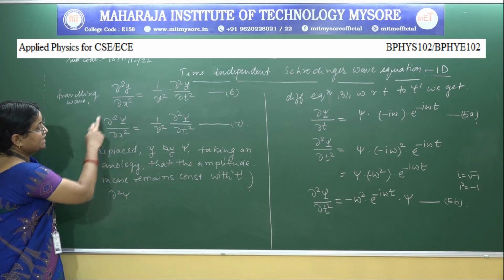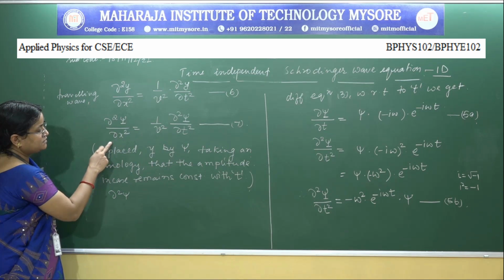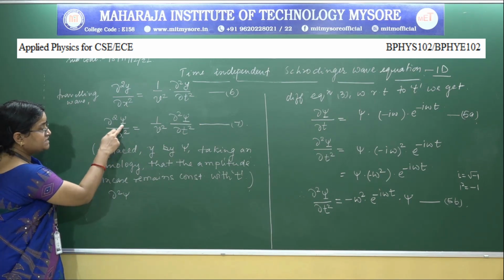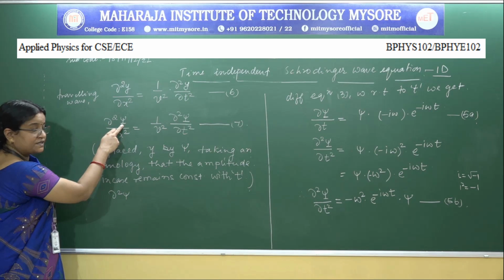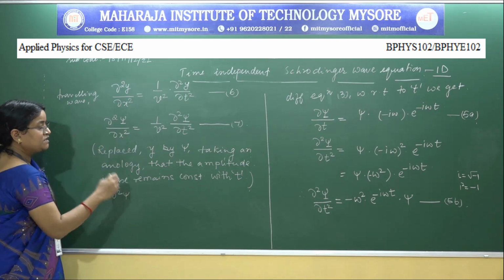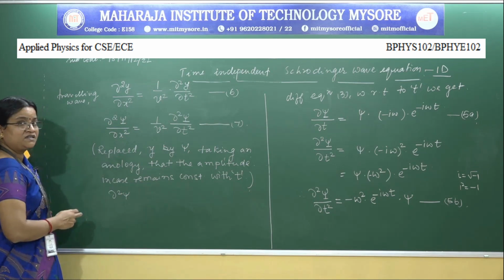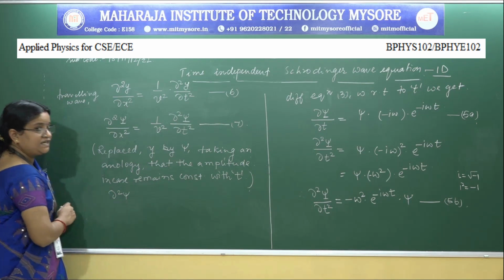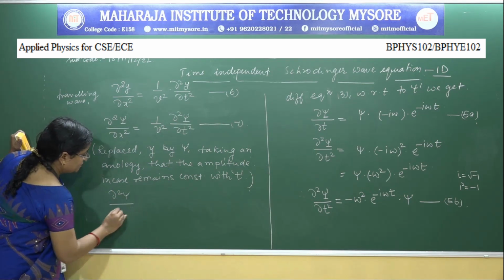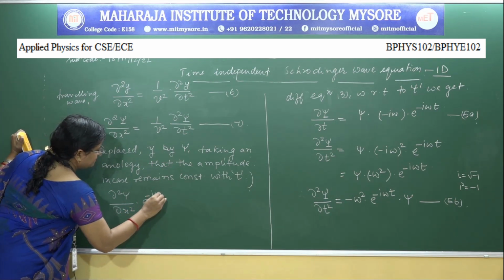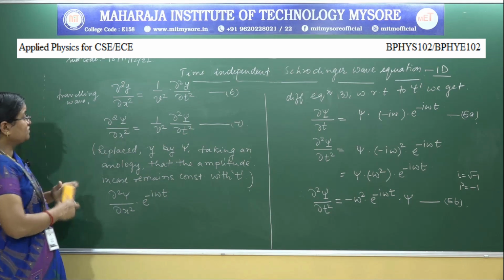The equation 4b gives the value of dou square psi by dou x square. This psi is both the function of x and t. Now here, when we substitute the value, the right hand side of the equation was the only function of x. The psi was only function of x. So, what was the value?